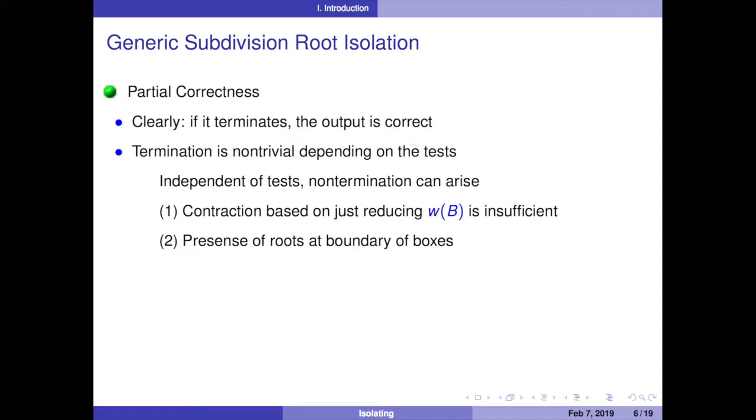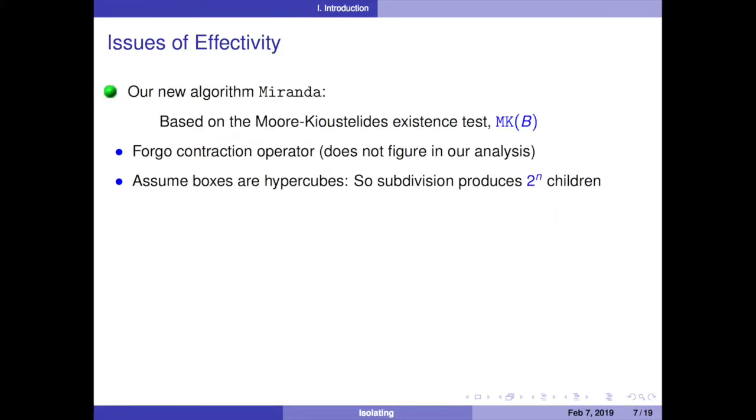Nothing to do with the nature of the test, but if you have roots on the boundary, you may not terminate. And contraction doesn't always work. You might contract by less, but this is easy to take care of. This we do by doubling the size of the box. But it is an outline.